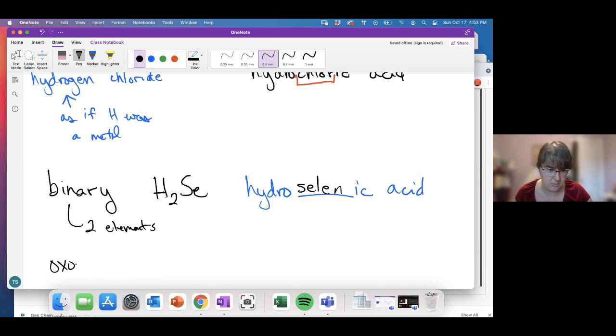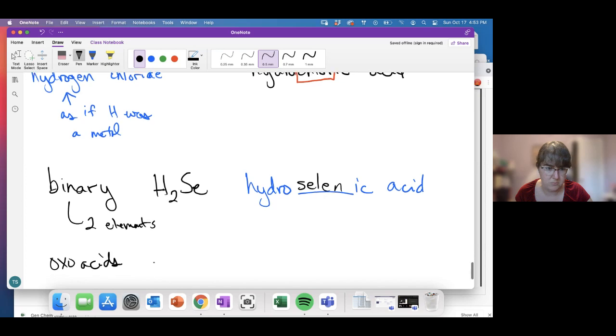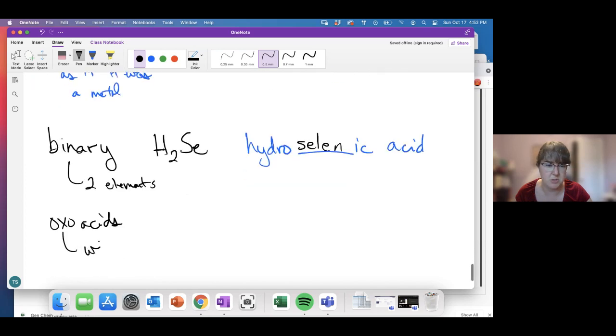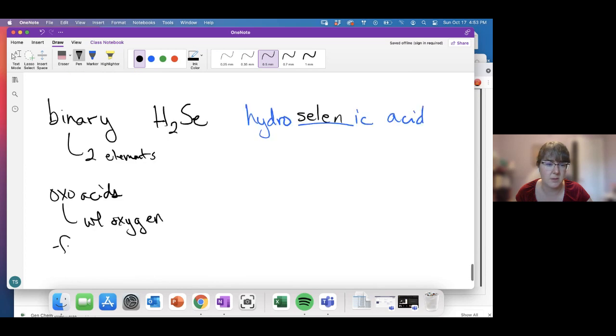Oxoacids, which yes, does mean with oxygen. These are going to come from your polyatomic ions. So you can essentially go down your list of polyatomic ions and make acids out of them.